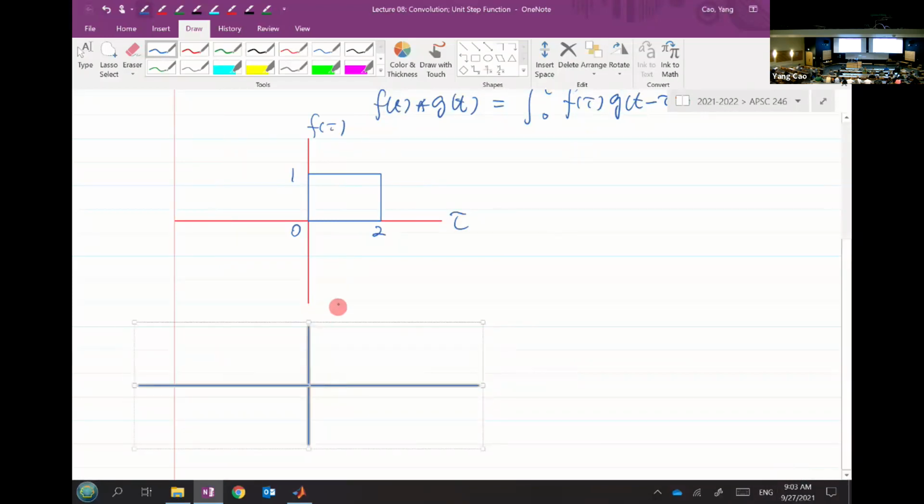And the second step is to obtain g of t minus tau, or in other words, g of negative tau minus t. So this is a step that's critical. Let's use red color here.